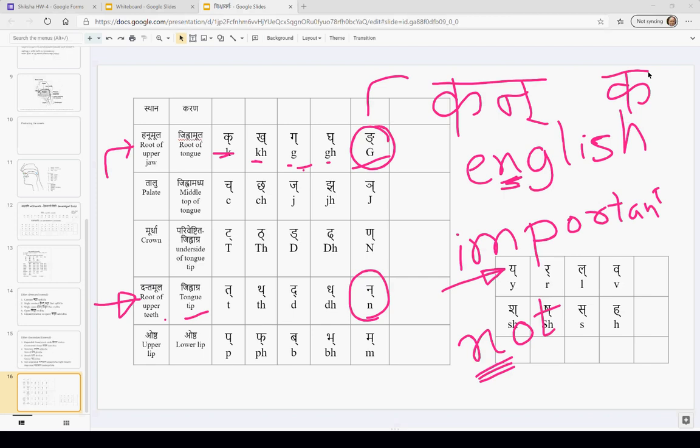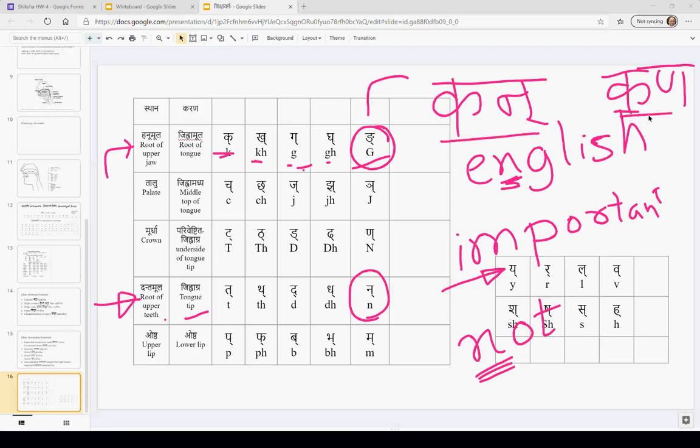Suppose the word is like this. There are two separate words. One says kan, another says ka. One word called kan, the other word called ka. Let's say here, kan and kana.